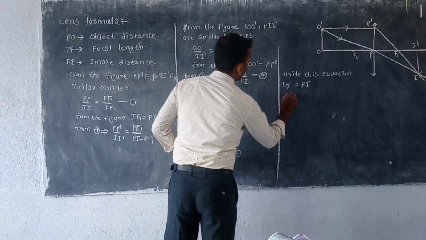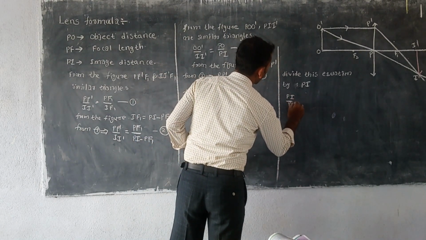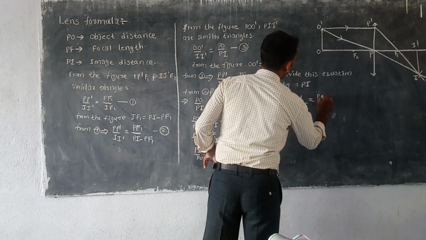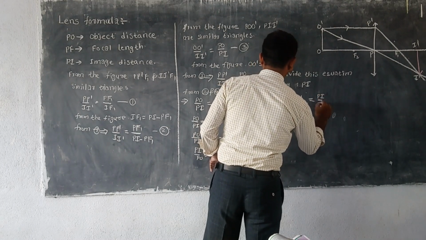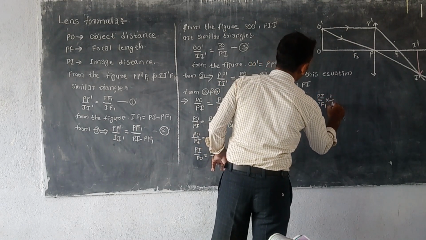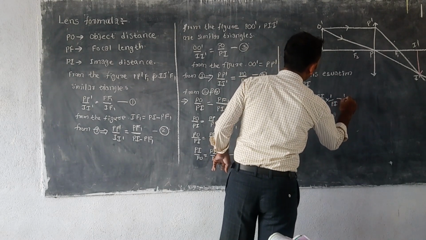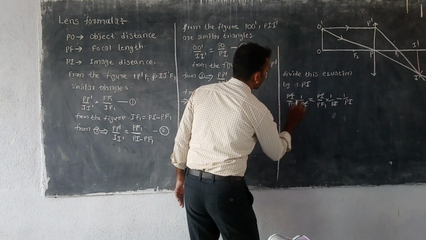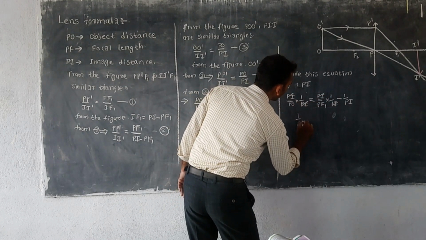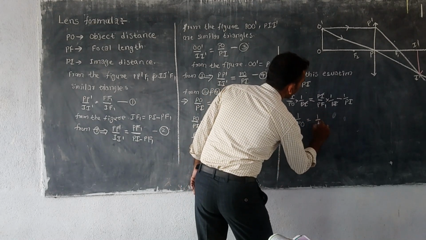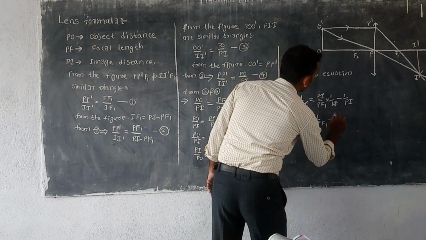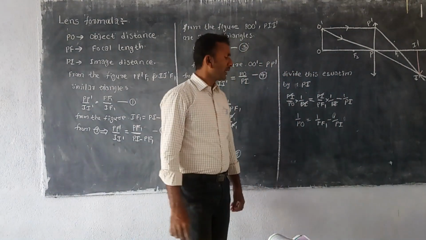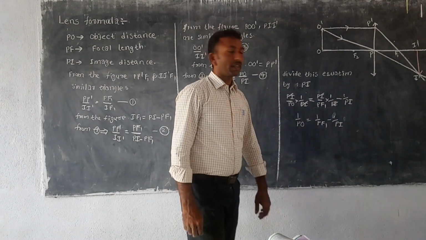So write PI by PO into 1 by PI equals PI by PF1 into 1 by PI minus 1 by PI. So PI cancels, PI cancels. The remaining is 1 by PO equals 1 by PF1 minus 1 by PI.